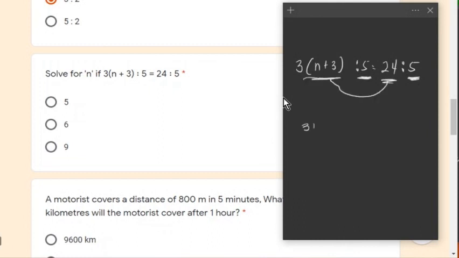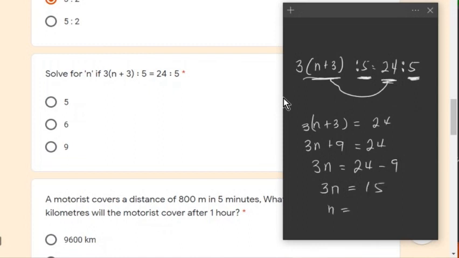So that means 3 times the bracket n plus 3 is equal to 24. I'll expand the bracket. I have 3n plus 9 is equal to 24. And then I have 3n is equal to 24 minus 9. So my 3n will be equal to 15. And then I'll divide both sides by 3. I get 15 over 3, and my n is equal to 5.